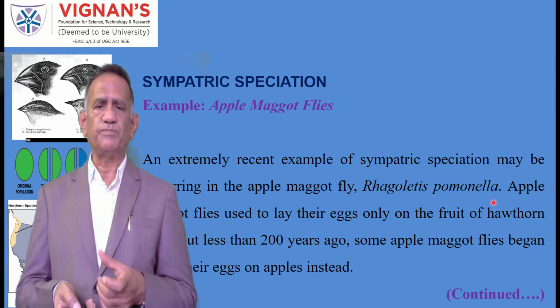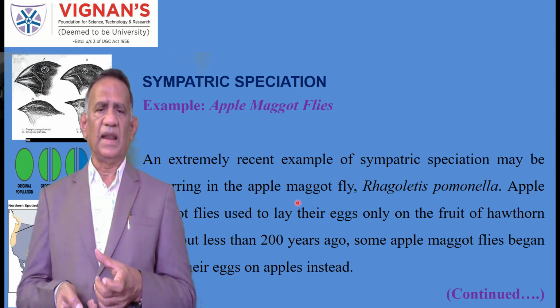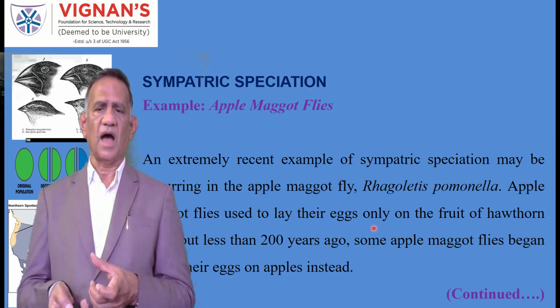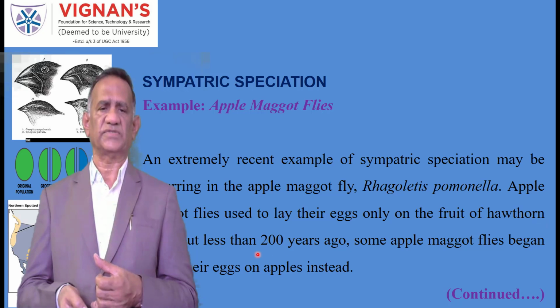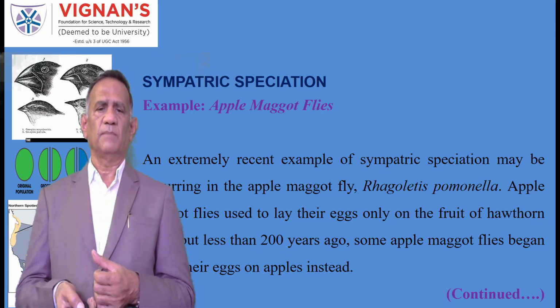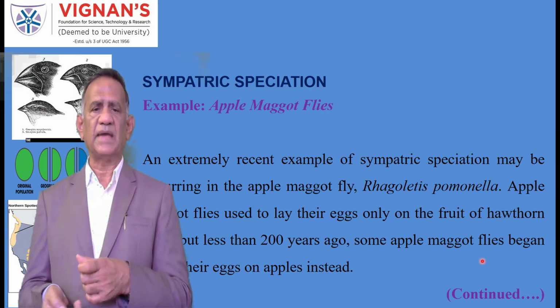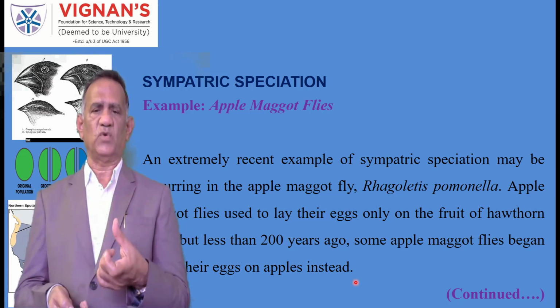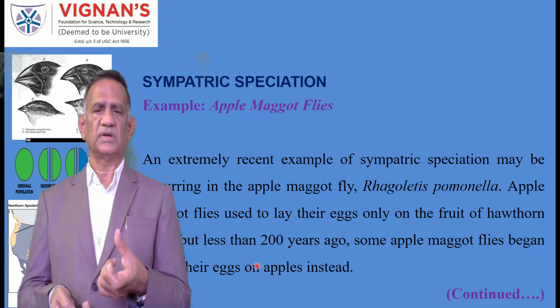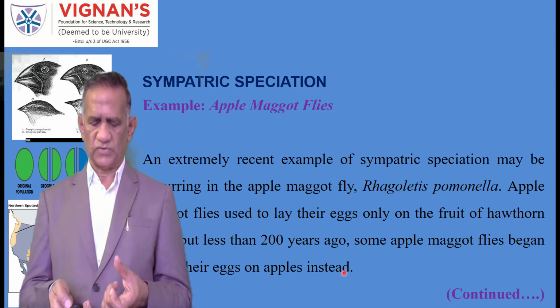This particular apple maggot fly lays eggs on the fruit of hawthorn trees. But less than 200 years ago, some apple maggot flies began to lay their eggs on apple fruits instead of hawthorn fruits.